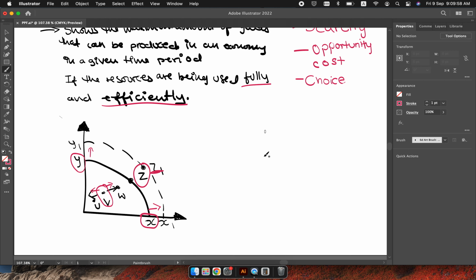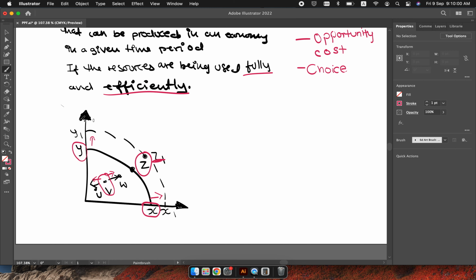And if we have a quick recap of the different points, we have point Y, which is good Y, point X, which is good X, and then point Z, which is the potential output if the resources are being used fully and efficiently.